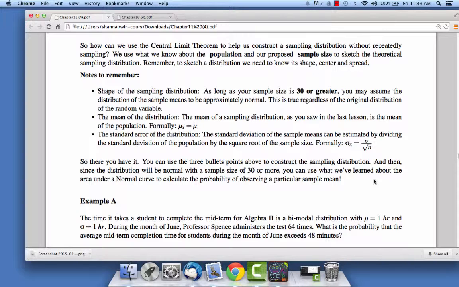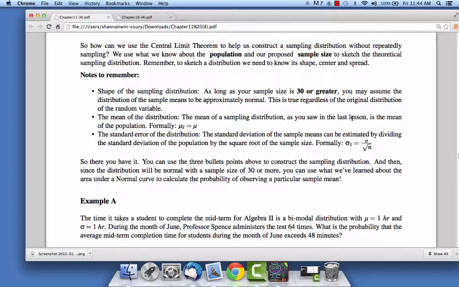What is the probability that the average midterm completion time exceeds 48 minutes? Okay, so we're going to expect the average midterm completion time to be 1, because that's mu, and our standard error for samples of size 64 is going to be 1 divided by the square root of 64.